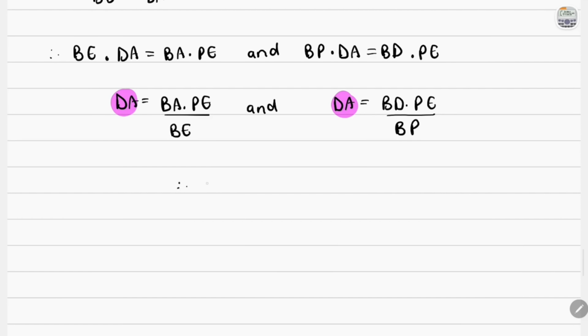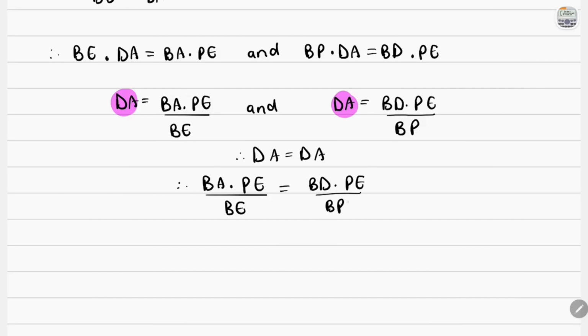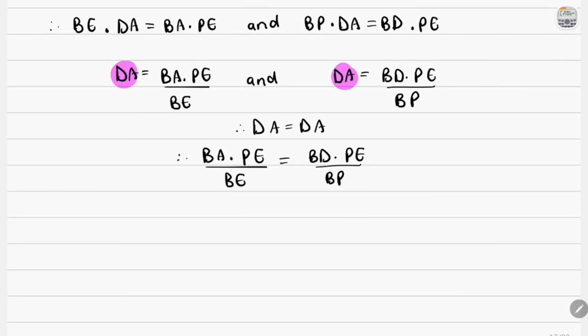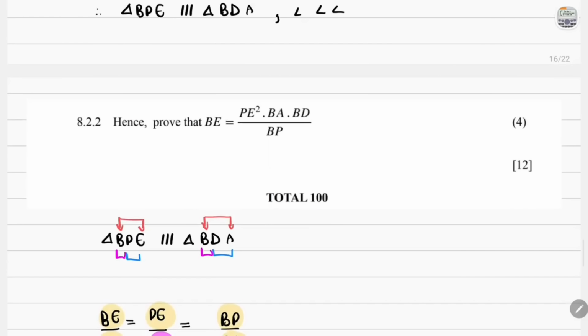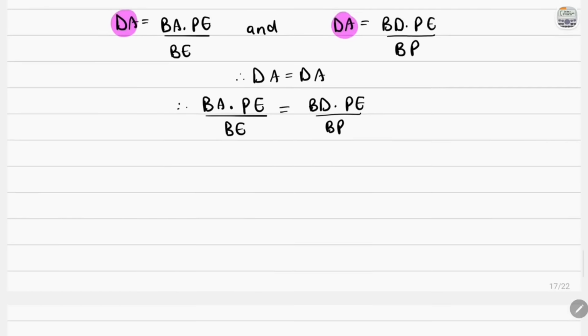And you see, this is why I'm saying I don't think this is going to work out. So BA times PE over BE is equal to BD multiplied by PE over BP. And then the whole point of this will be to make BE the subject because that's what we had. We had BE is equal to everything else there.